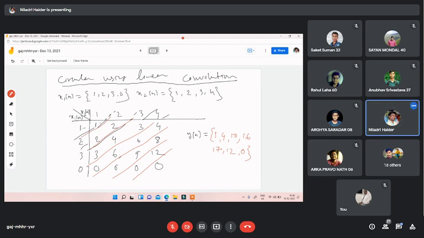Okay. Here you are using the linear convolution method to get the circular convolution. So you are getting the circular convoluted value by this range.